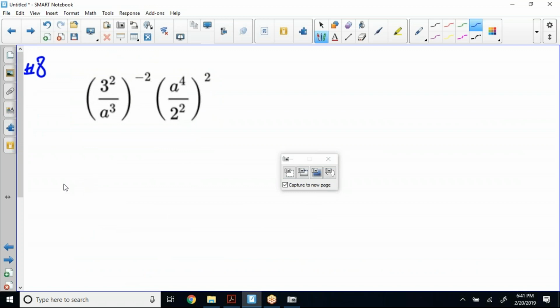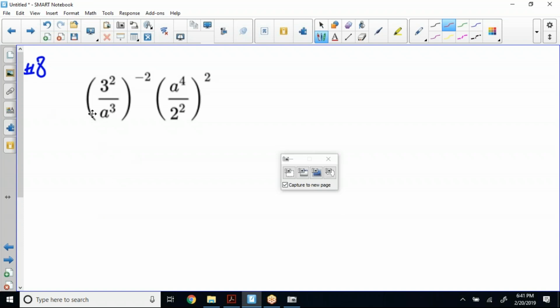Okay. So this one is very much like the previous one, except I've got power to powers, right? I got one that's positive and then one that is negative. Now, there's multiple ways I can do this. I can do this right off the bat going, you know what?